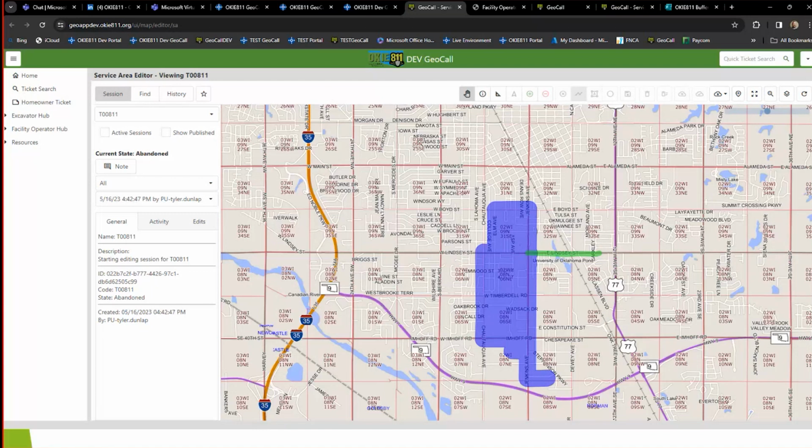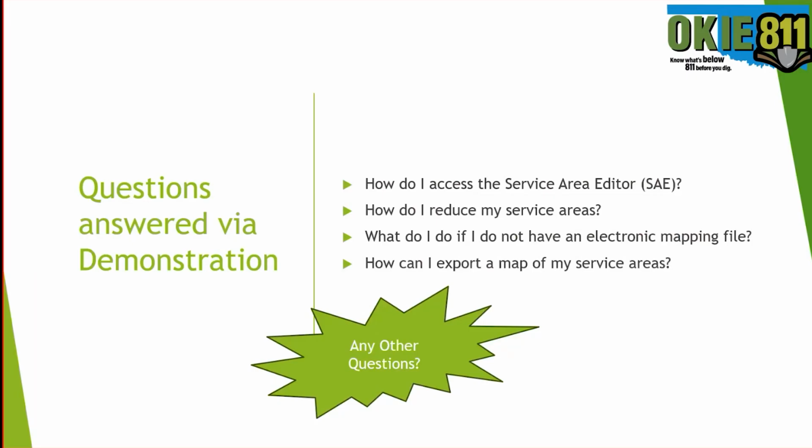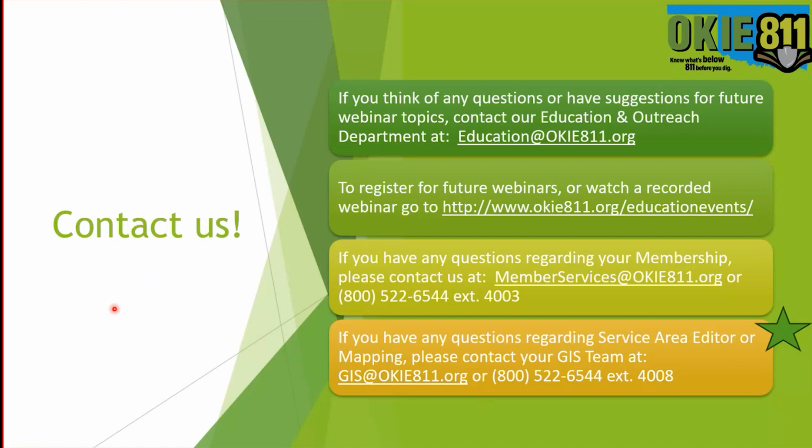All right, I'm going to hop back over to here real quick. Here's some of our contact information. Any GIS or mapping related questions, including the service area editor, you can contact the GIS team at gis@okie811.org.